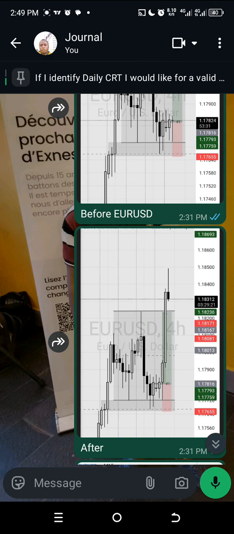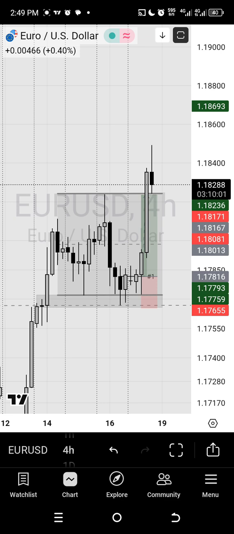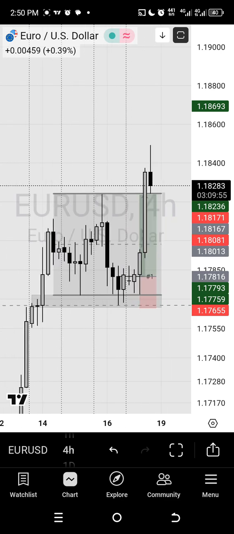So this is what I do whenever I'm using CRT. When the market is very clean, I always follow a pattern. If I have a daily narrative, a daily bias, then I position myself on the 4 hour time frame and probably have my entries on the 15-minute or the 1 hour time frame, based on how the market is behaving.